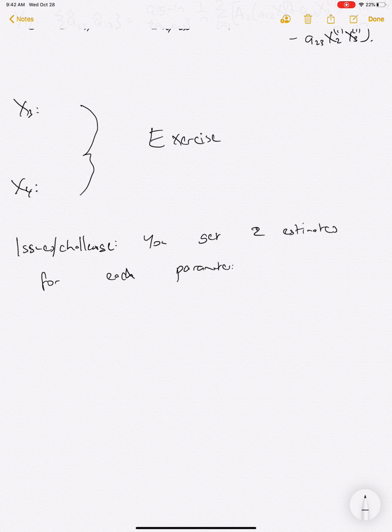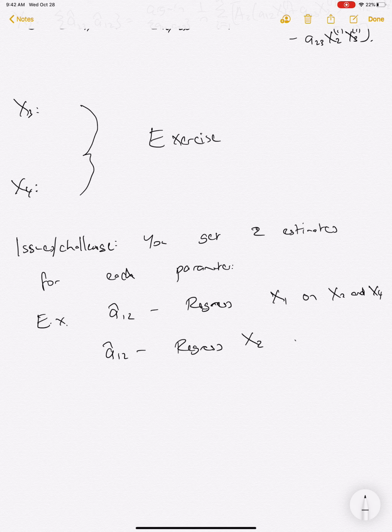For example, we saw a hat 1,2 when you regress x1 on x2 and x4. And then you also get a hat 1,2 when you regress x2 on x1 and x3, because a1,2 appears in both of those. And so for each parameter, you're going to get 2 estimates.